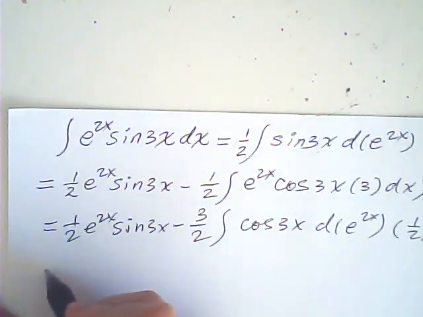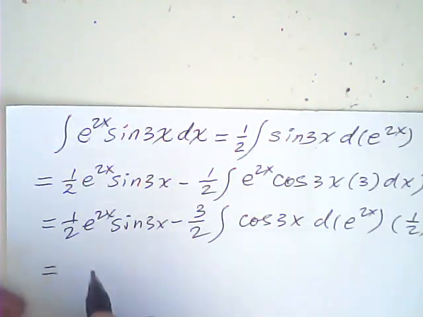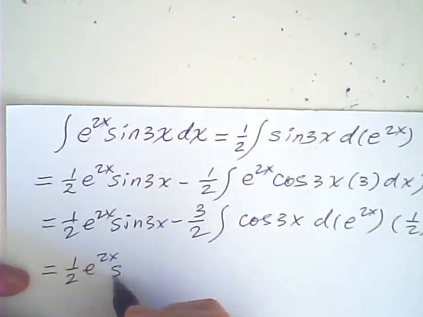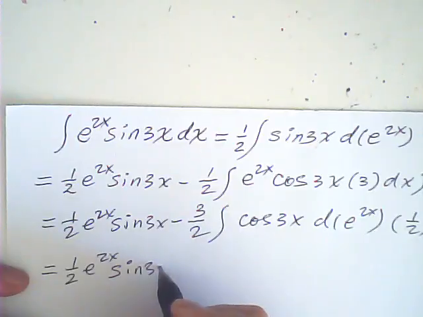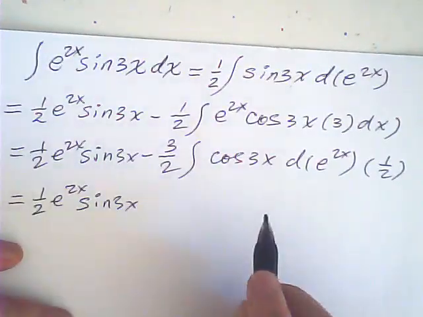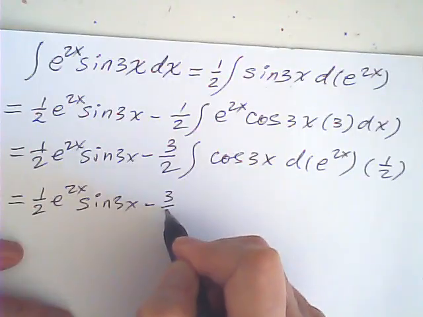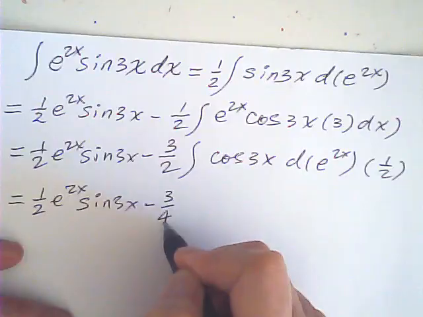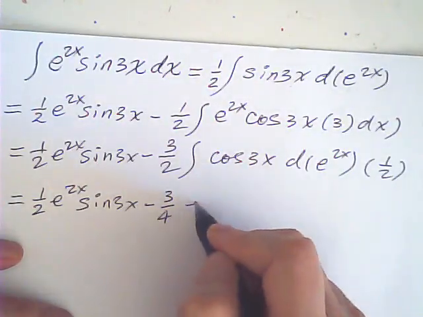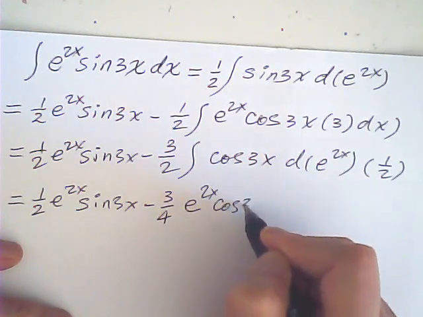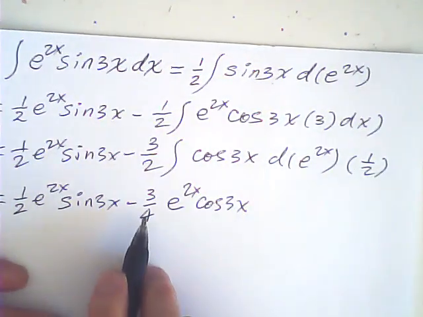Okay, then this one is equal to 1/2 e to the 2x sine 3x minus 3/4 uv minus v du.